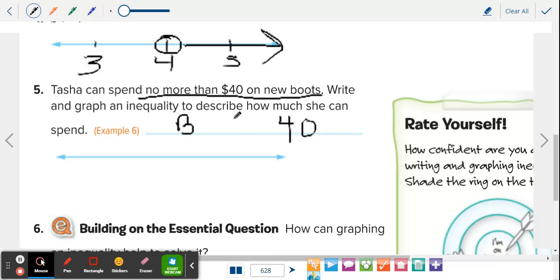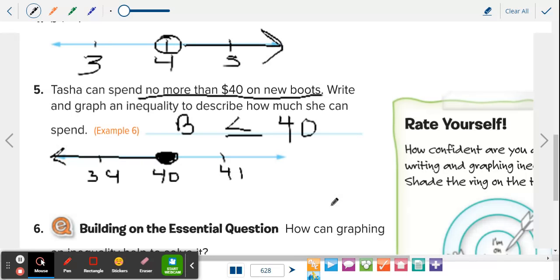Less than or equal to, because she can spend 40, but she can't go over that much. So B is less than or equal to 40. So then we go to our graph. Is it going to be a dot or a circle? A dot. Right on 40. And then left or right? Left. And that's it.